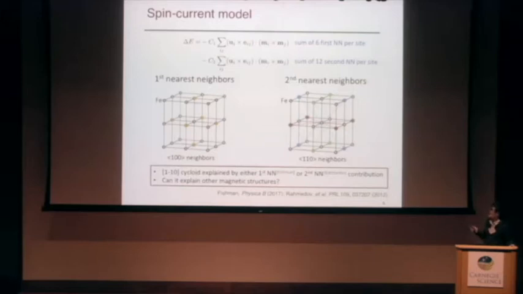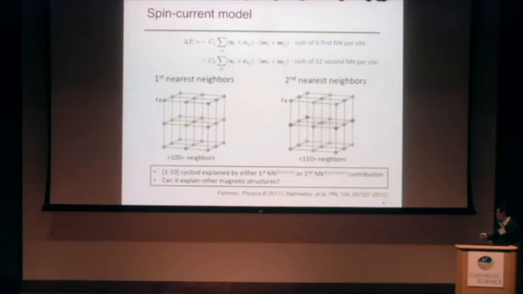In total, there are 6 first nearest neighbors and 12 second nearest neighbors. The first nearest neighbors are in the 1, 0, 0 directions, and the second nearest neighbors are in the 1, 1, 0 directions.